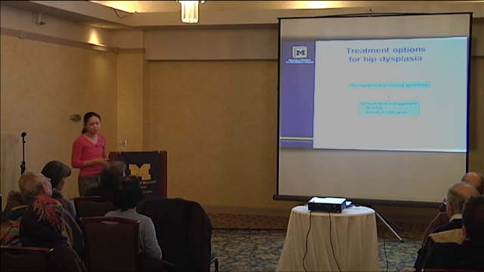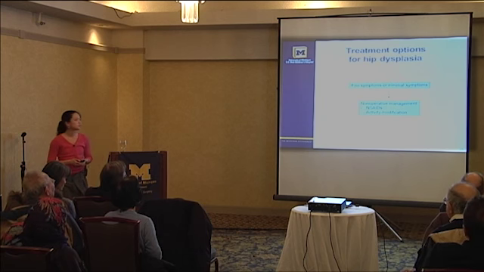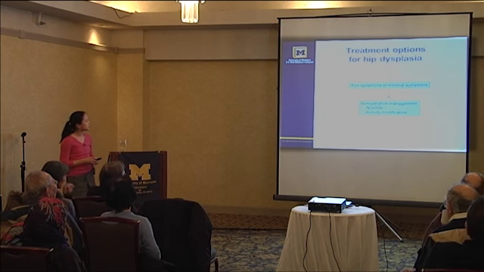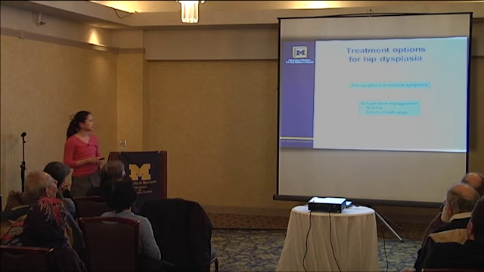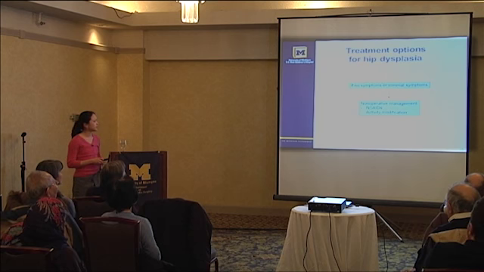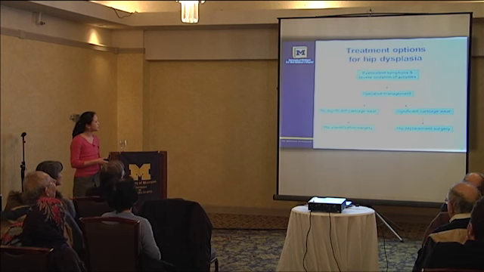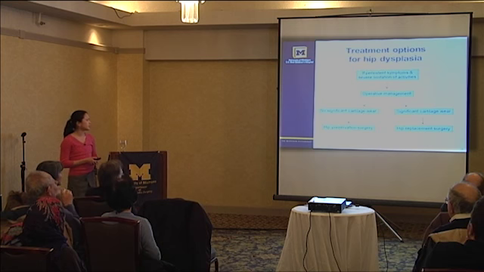Treatment options for hip dysplasia depend on the severity of the symptoms. If there are no symptoms or minimal symptoms, then we recommend non-operative management, which consists of anti-inflammatory medications and activity modification, usually avoidance of high-impact activities. If there are persistent symptoms and severe limitation of activities, then we recommend operative management.